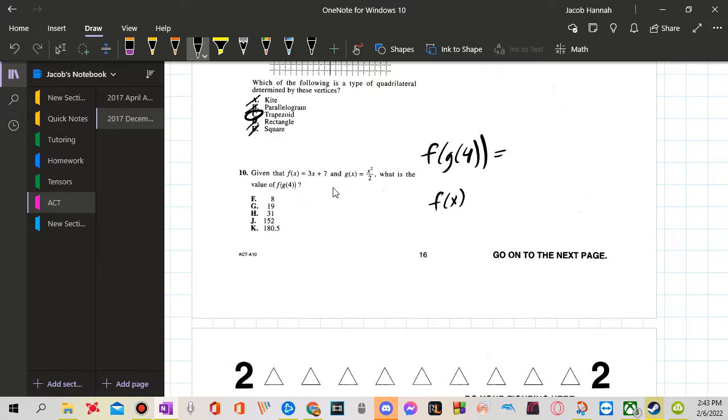If f of x is 3x plus 7, then f of g of x is equal to 3 times g of x, which is x squared plus 2, divided by 2, plus 7. So that's what that is.